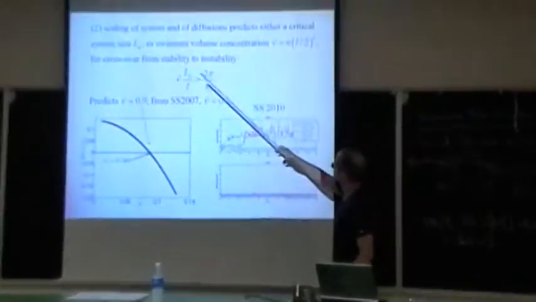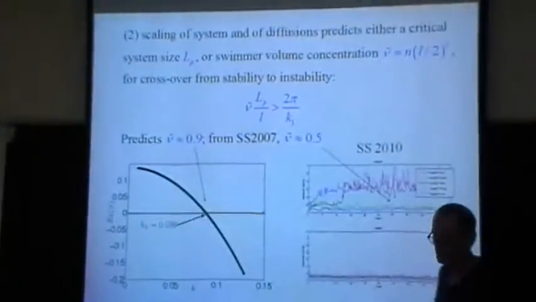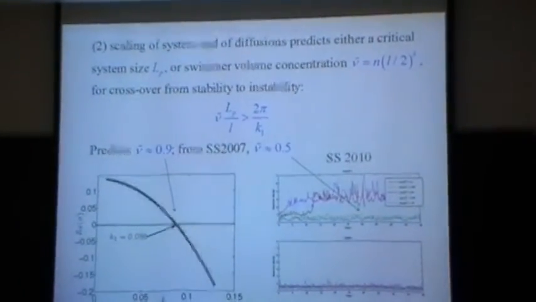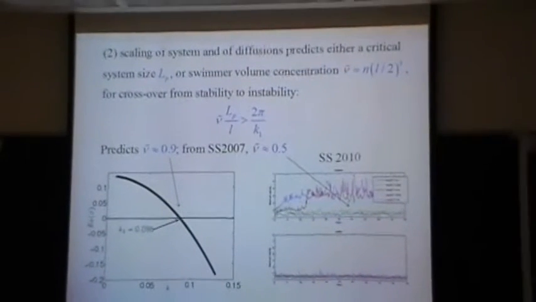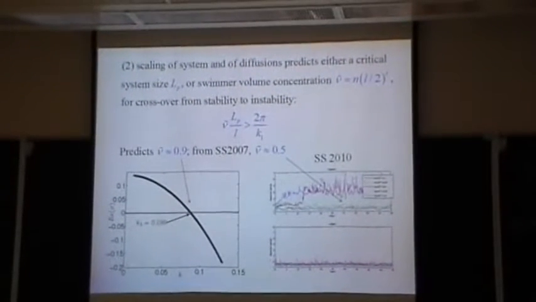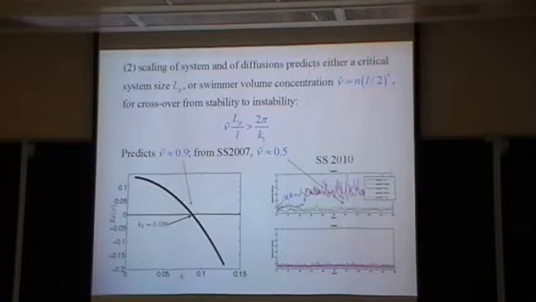So what we find is that if we make the assumption that the translational diffusion scales inversely with volume concentration and the rotational diffusion linearly, then you can eliminate the volume concentration completely out of the problem except for the renormalized boundary conditions.